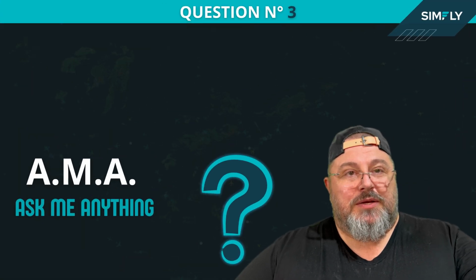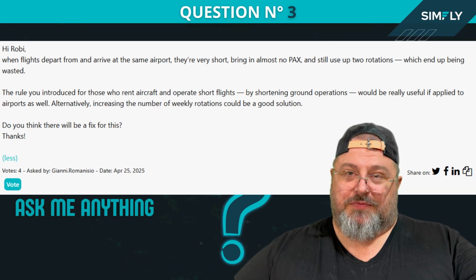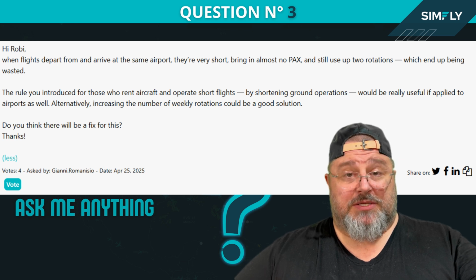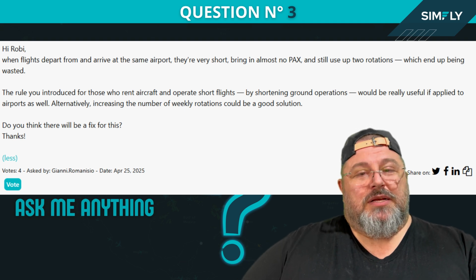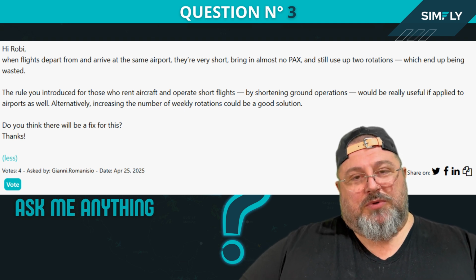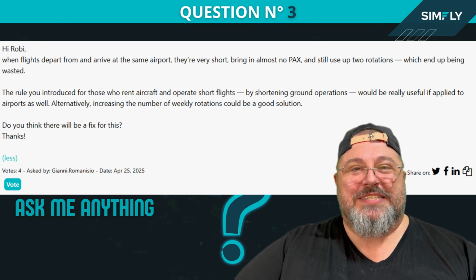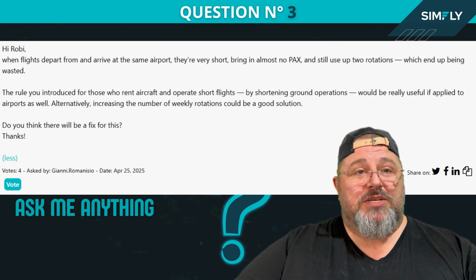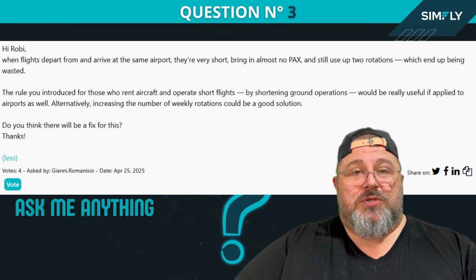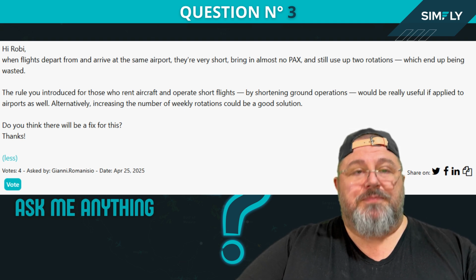Question number three is being asked by Gianni Romanizio, the 25th of April 2025, and has 4 votes. Gianni says, "Hi Roby. When flights depart from and arrive at the same airport, they're very short, bringing in almost no PAX and still use up rotation, which ends up being wasted.